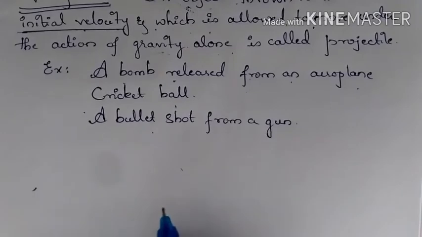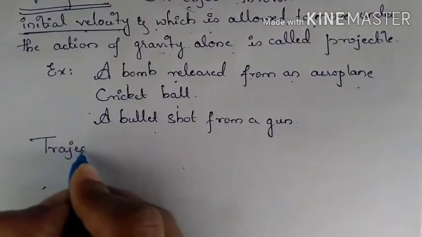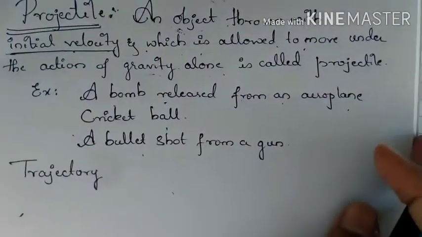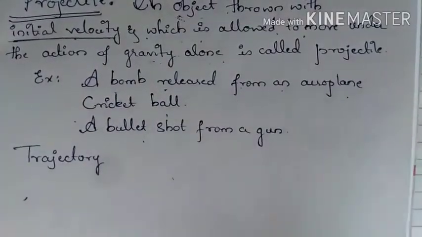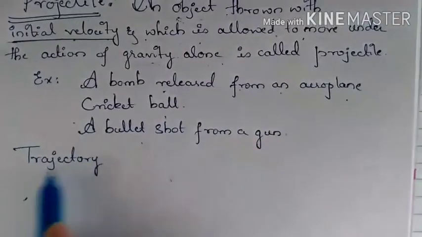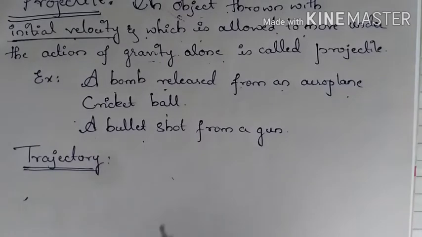Now let us understand what is trajectory. These words, projectile, trajectory, all these I am going to use when I derive the equation. So let us first understand the definition, then later we can apply this in our derivation part.